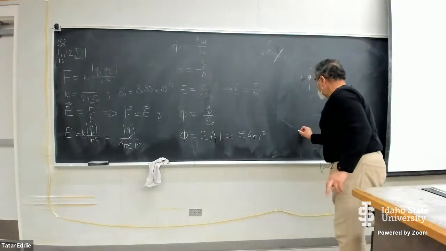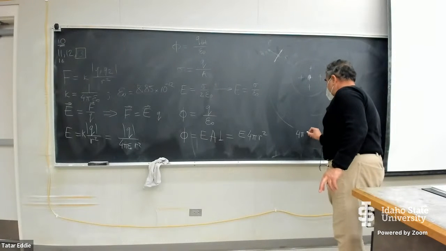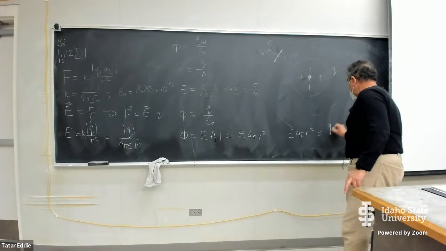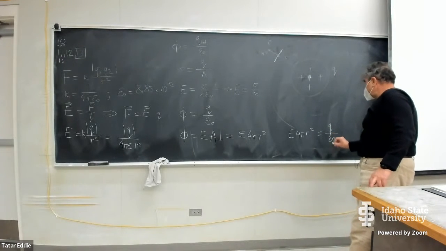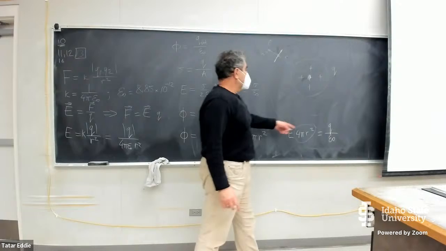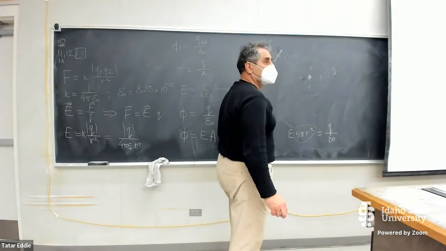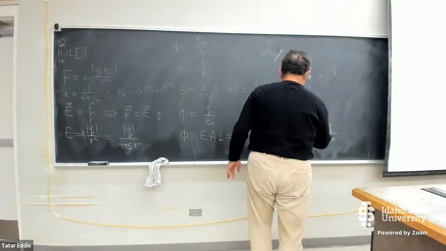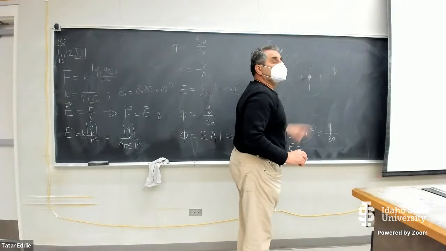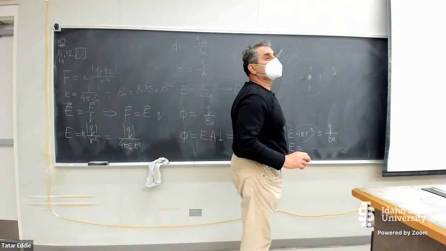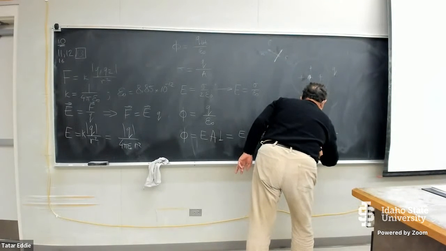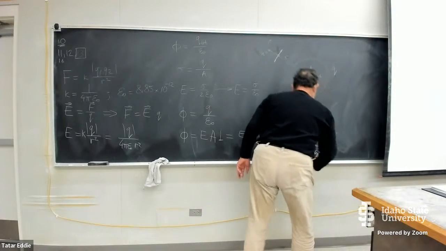In other words, 4 pi r squared times the electric field should be the same thing as the total charge Q divided by epsilon naught. And now moving this denominator to the other side of the equation, you reach the conclusion that the electric field at distance r from the center of your uniformly charged sphere is equal to Q divided by 4 pi epsilon naught r squared.